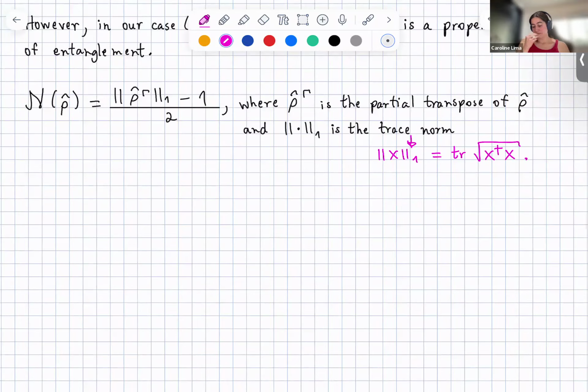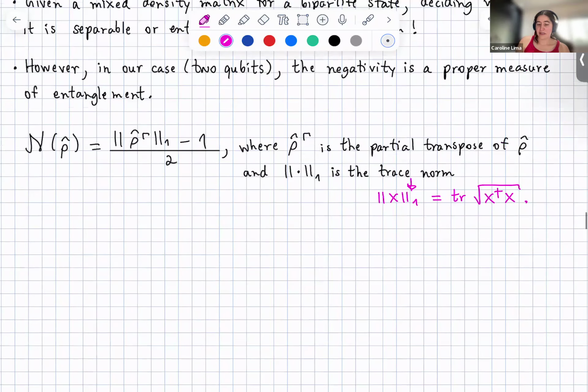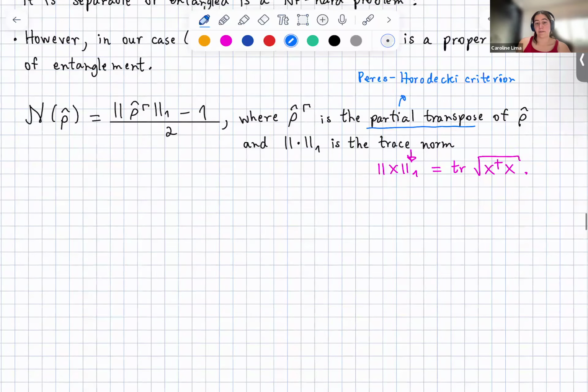Now, if someone has ever heard about the Peres-Horodecki criterion, negativity comes from that. So this idea of having a partial transpose comes from the Peres-Horodecki criterion to determine whether a state is separable or not.